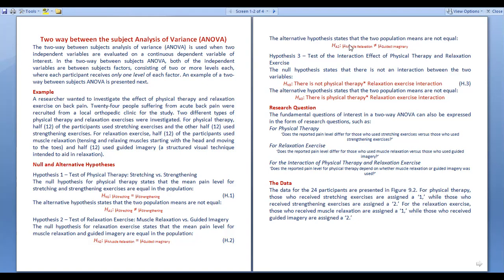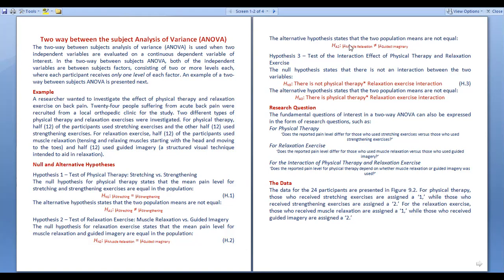The example is a researcher wanted to investigate the effect of physical therapy and relaxation exercise on back pain. 24 people suffering from acute pain were recruited from a local orthopedic clinic for the study. Two different types of physical therapy and relaxation exercises were investigated.